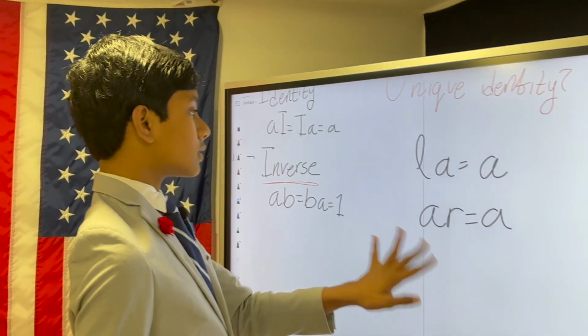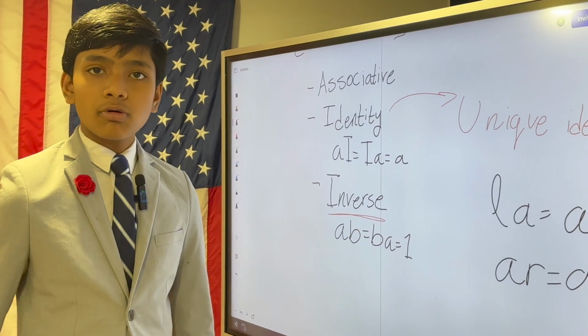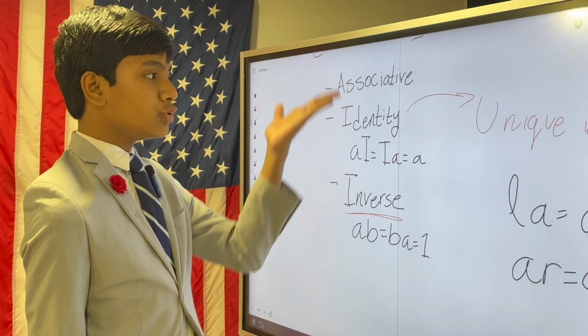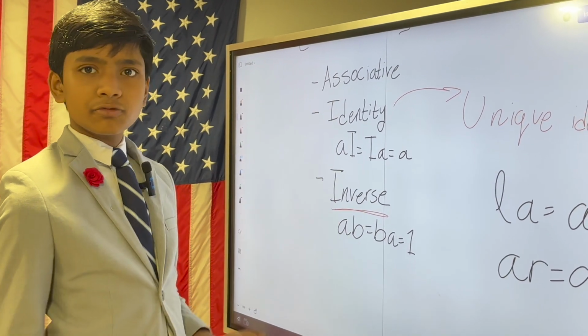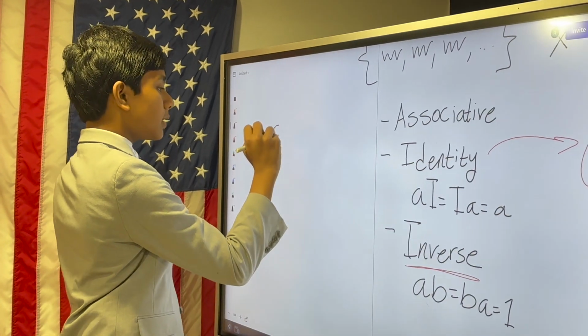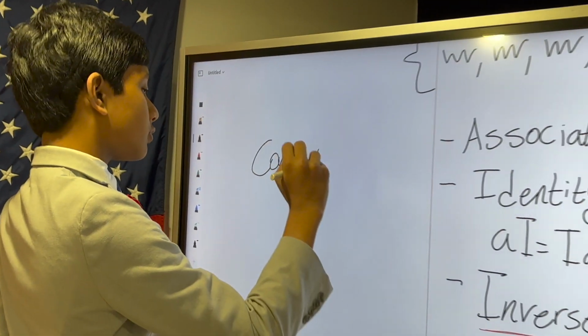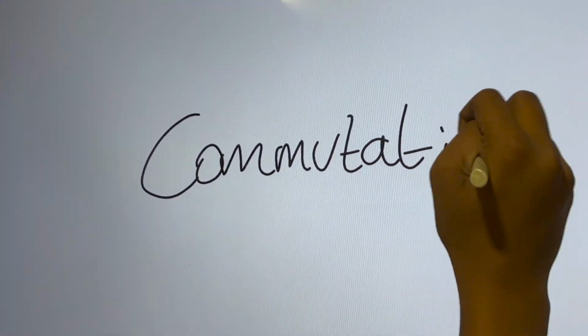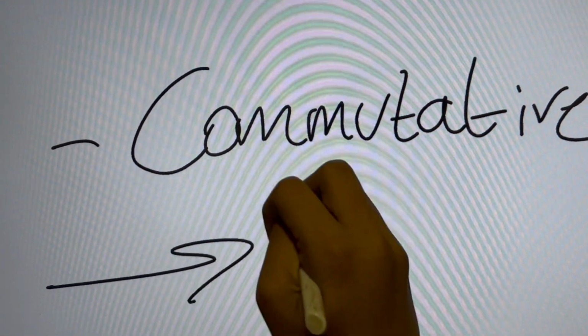And of course, you can see here that the requirements for being a group under a certain operation do not necessarily include being commutative. Of course, if you're commutative over that operation as well, that would make you an abelian group.